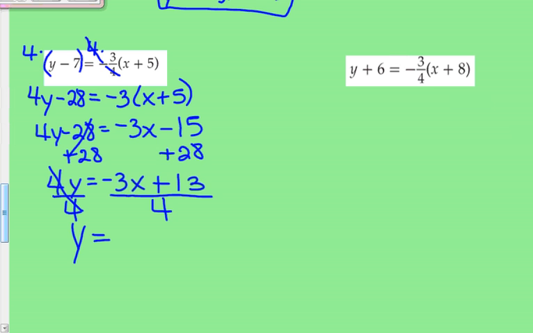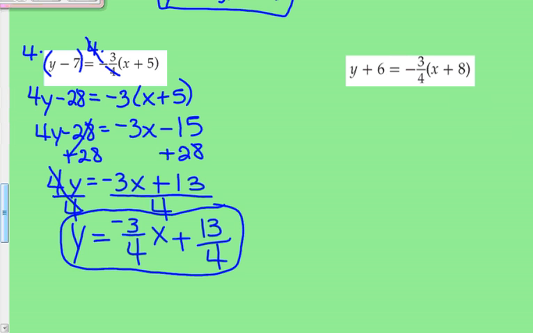Negative 3 divided by 4 will just stay. A negative 3/4 x plus 13 over 4. Just leave it like that, an improper fraction. You could make it a mixed number, but just leave it like that. That's slope-intercept form.